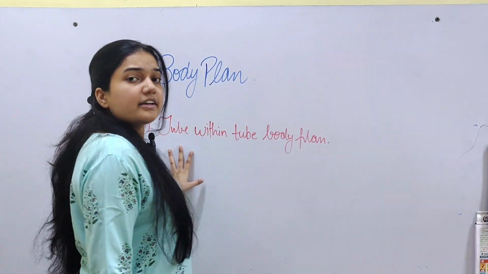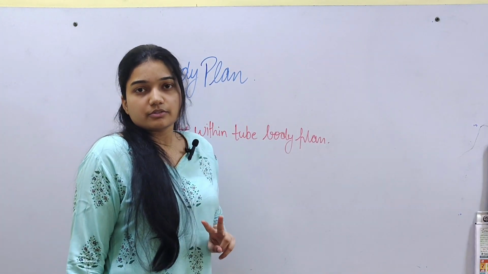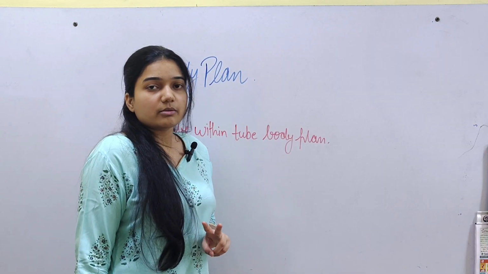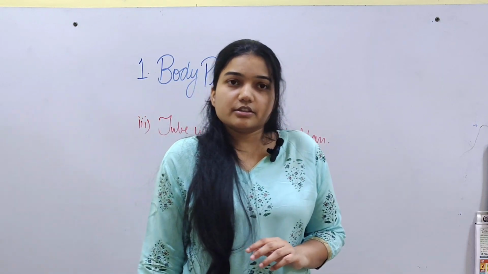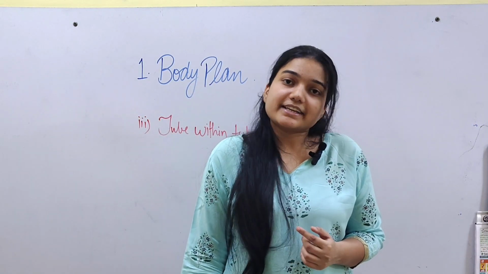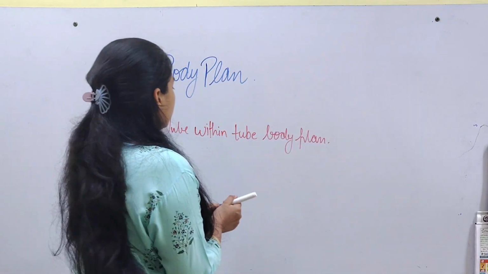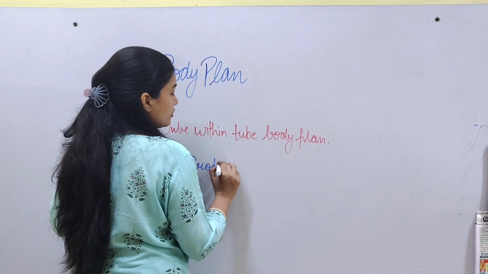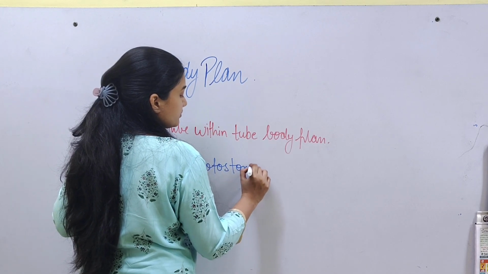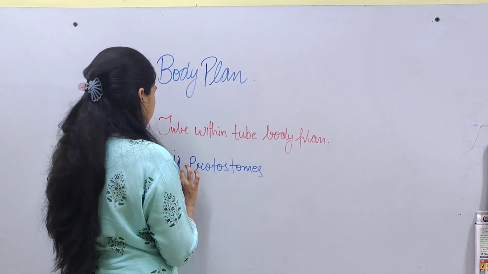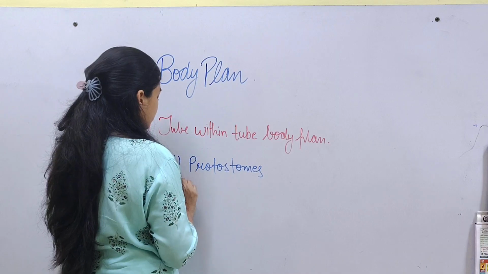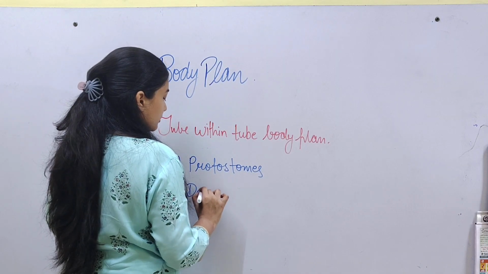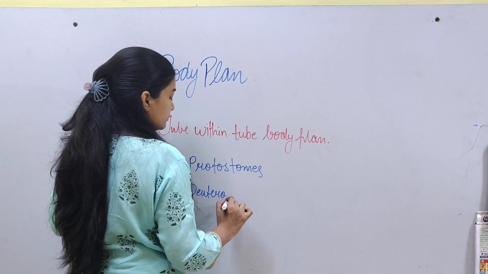The tube within tube body plan contains two types: the first is the protostomes and the second is the deuterostomes. So firstly we write protostomes, and second, deuterostomes.